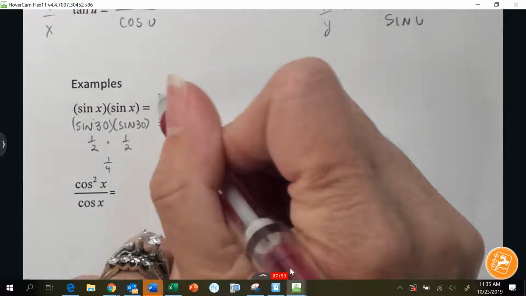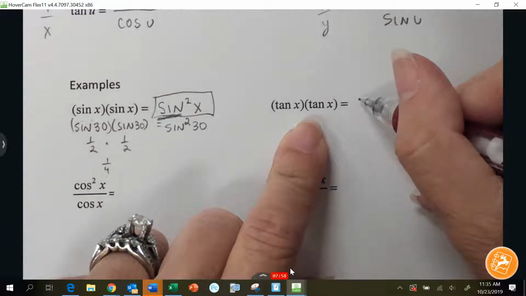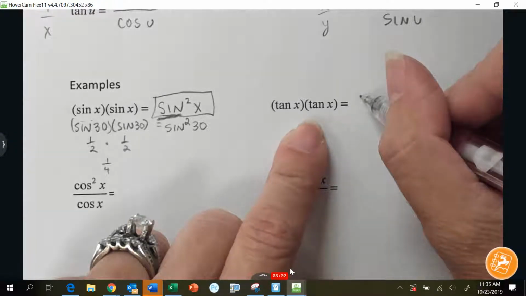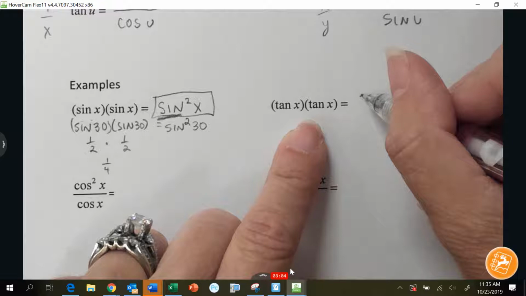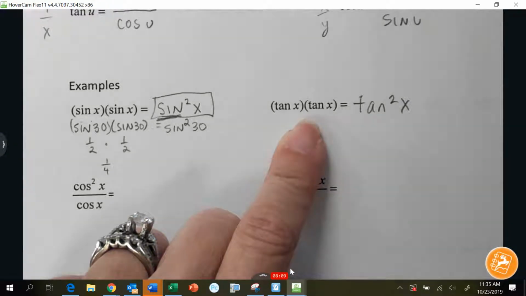So what would tangent x times tangent x equal? Anybody? Kate? Tangent squared x. Guess what also that equals?